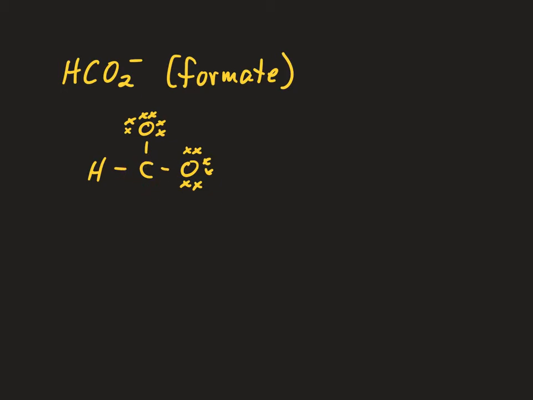But again, here we have two choices for where an atom can share an extra set of electrons. We could go there, or we could go there, which means that we have two resonance forms, right?